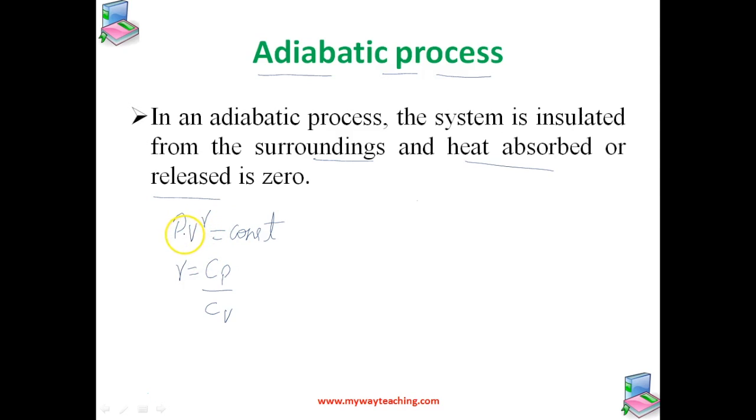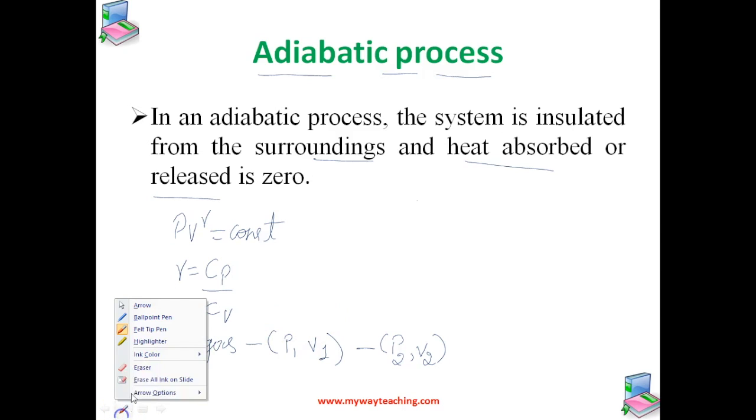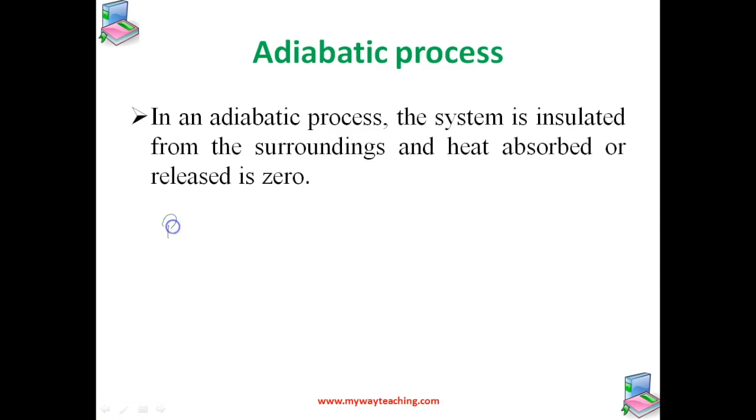Thus, if an ideal gas undergoes a change in its state adiabatically, from P1 V1 to P2 V2, then we get an equation P1 V1^gamma is equal to P2 V2^gamma.